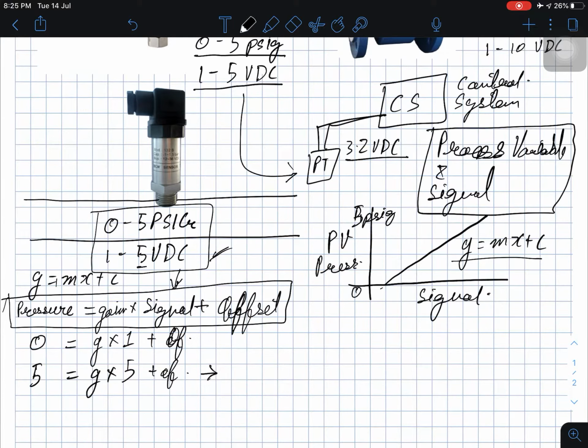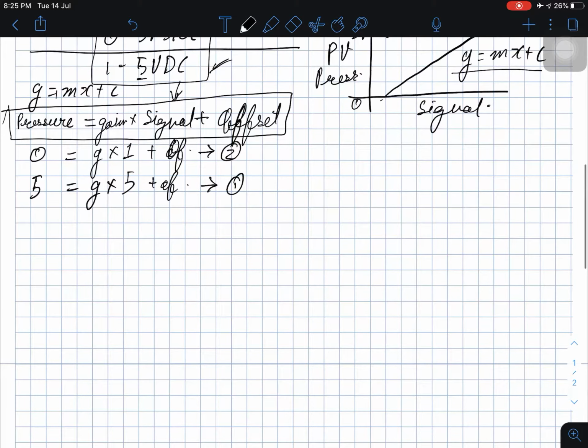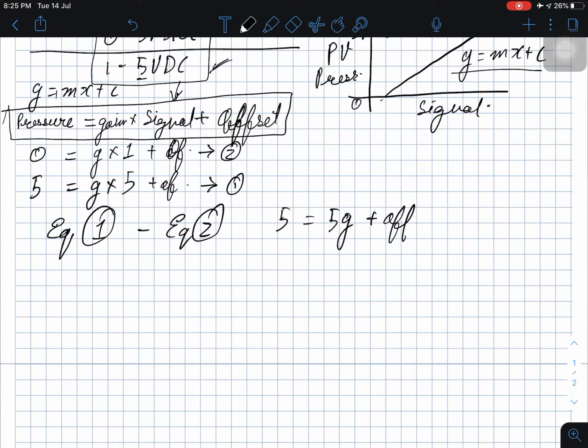So if I take this equation 1 and this equation 2, and subtract equation 1 from equation 2, what I will get is, let's write it down in that form first of all: 5 equals 5g, where g is nothing but gain, plus offset, and 0 equals 1 times gain plus offset.